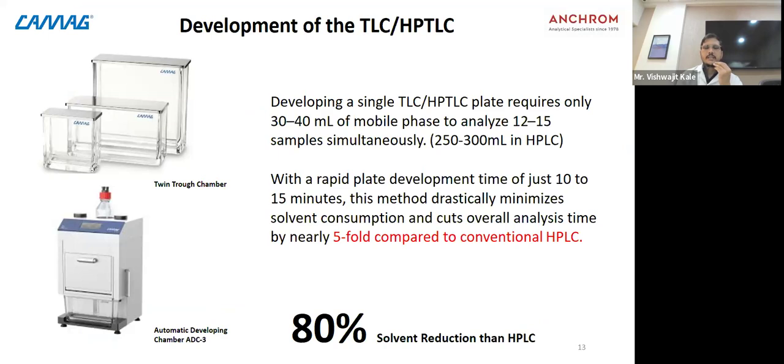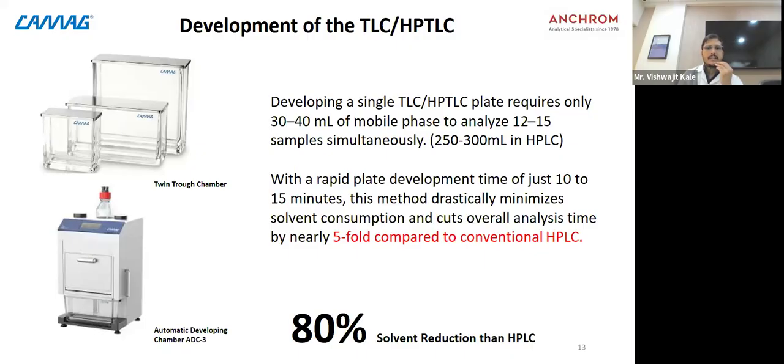Then in the HPTLC workflow, the next step is chromatographic development. For chromatographic development, we are using CAMAG Twin Trough chambers or humidity control chambers like the ADC2, Automatic Developing Chamber with humidity control. It consumes only 30 to 40 milliliters of mobile phase to develop 20 by 20 or 20 by 10 centimeter plates and to analyze 12 to 15 samples simultaneously on a single plate.